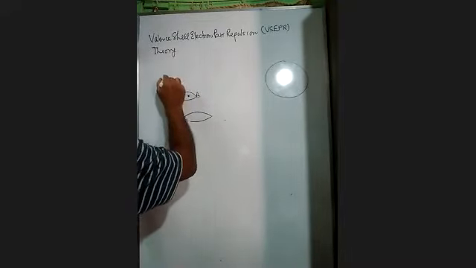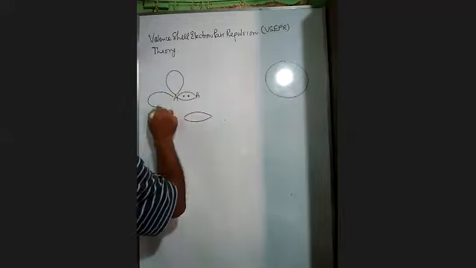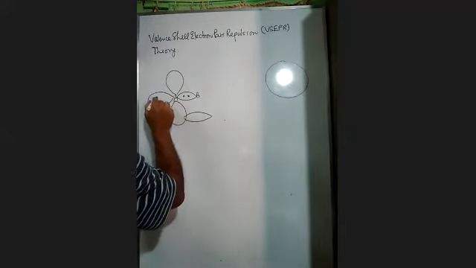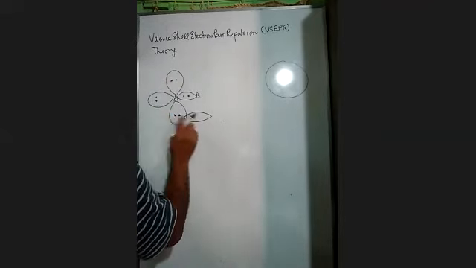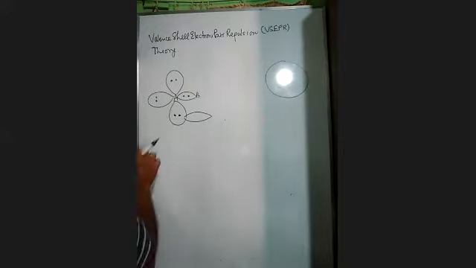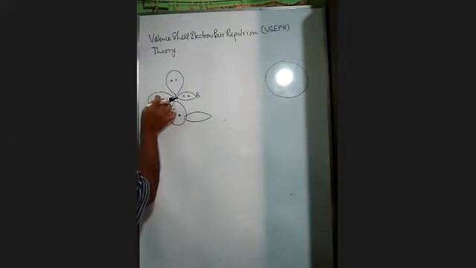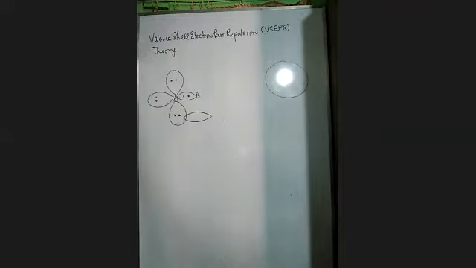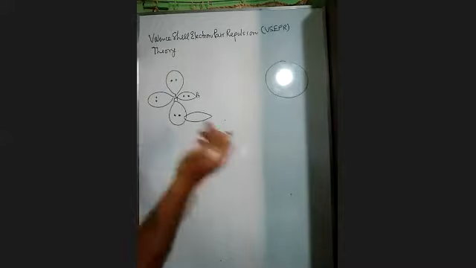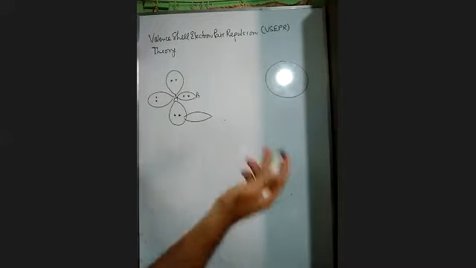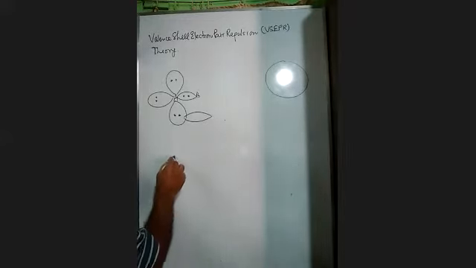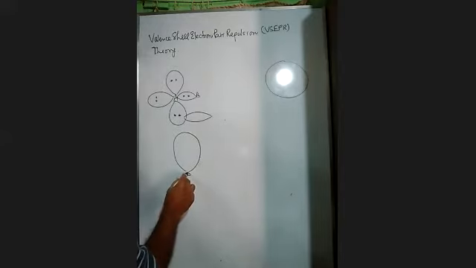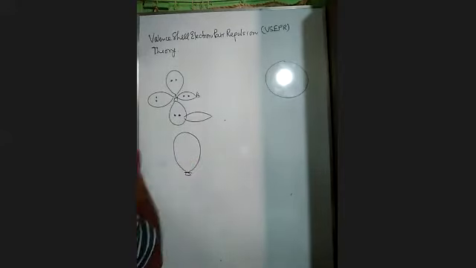Please remember, the spaces occupied by lone pairs are larger. The number of electrons is the same, but as these electrons are only being attracted by A, this occupies more space. You can do that experiment at home. Now the festival is coming, and you'll find many people selling balloons on the street. This is the balloon, air is there.